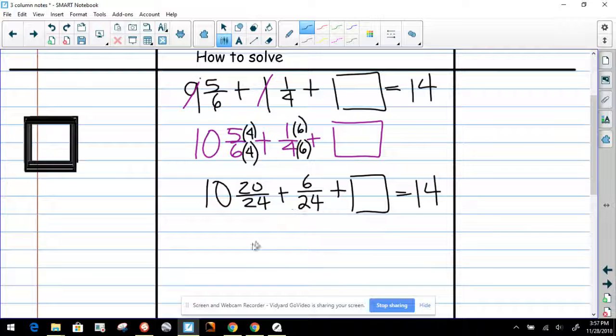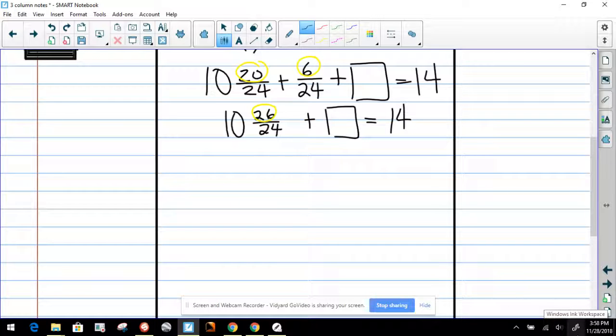When we cluster these together, that means when we combine them or add them up, this is going to be 10 and 26 24s because we added 20 plus 6 equals 26. Okay, so now we rewrite this again so you can see the picture. We're not changing anything yet.